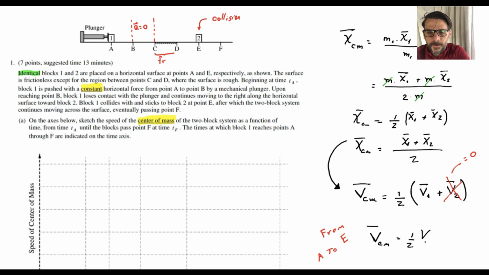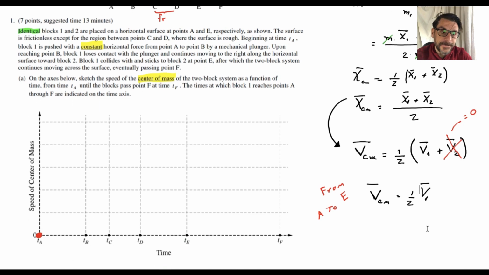That's it. So as long as we have a clear idea of what's going on with the first object, we just know that the velocity of the center of mass is just going to be 1/2 of it. And we're not really going to make use numerically of that 1/2, because values are not given. What we are asked to do is to sketch a graph. So let's sketch it. We are now in a position in which we can do it.